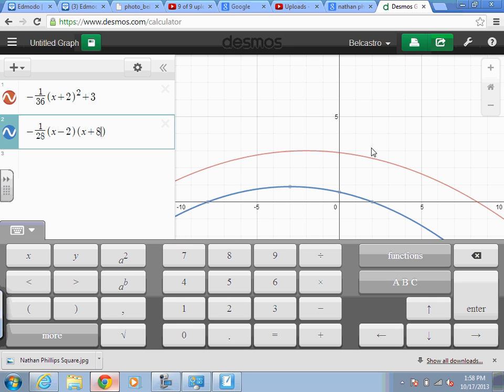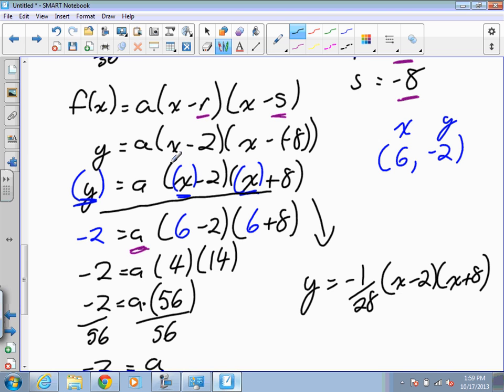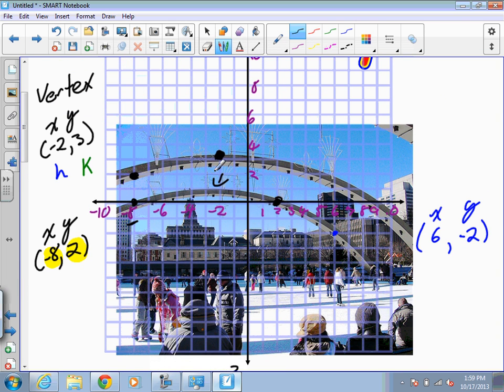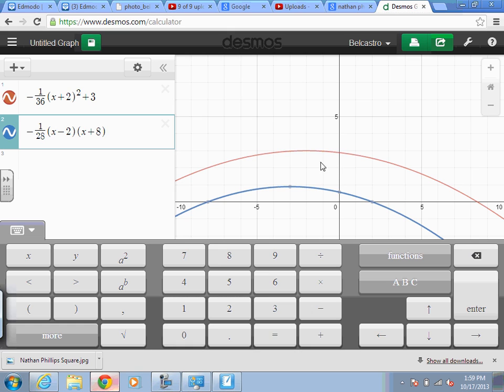Our picture had, let's scroll up to see it, our arches at Nathan Phillips Square having roughly that type of relationship. The one inside looking like it's a little more stretched, and the one on top looking like it's a little more compressed, is exactly the same idea we have here. The blue one looks a little more stretched, and the red one a little more compressed.